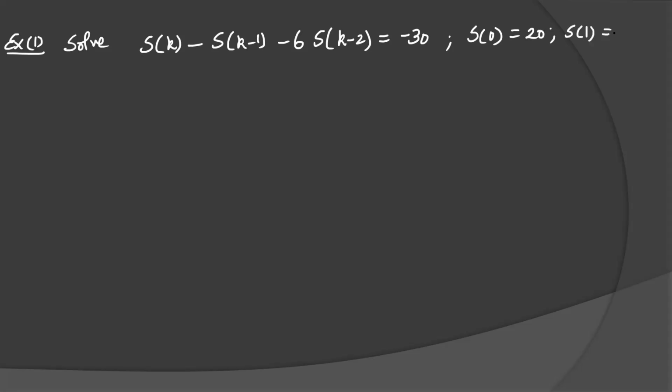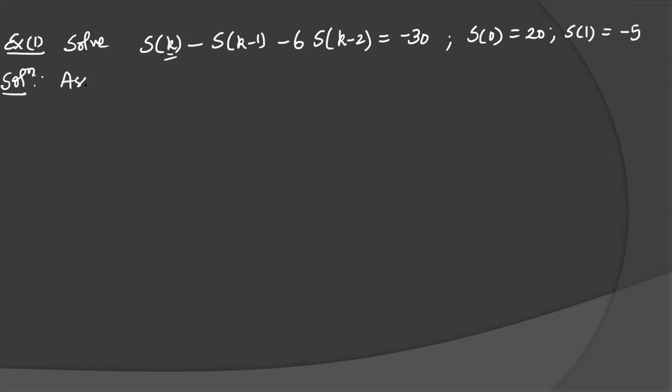Solve s_k minus s_(k-1) minus 6 s_(k-2) equal to minus 30, given s_0 equal to 20 and s_1 equal to minus 5. Let's see the solution. See carefully, k is the variable here. Firstly we will solve for the homogeneous solution, then we will find the particular solution.